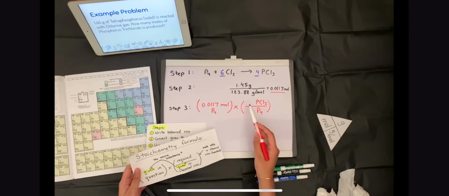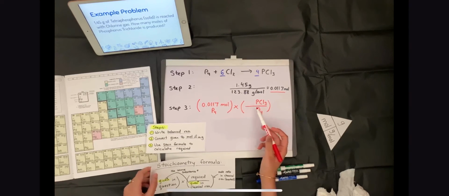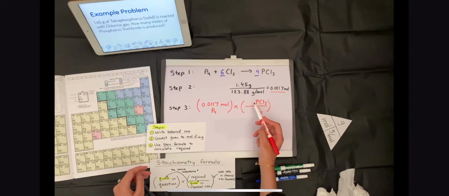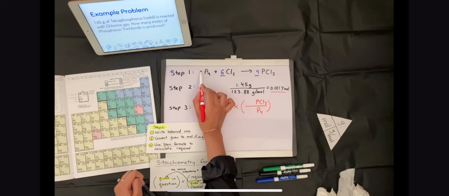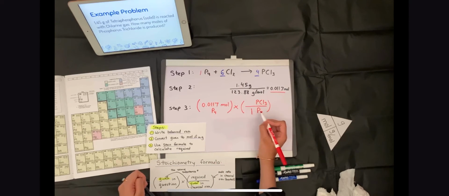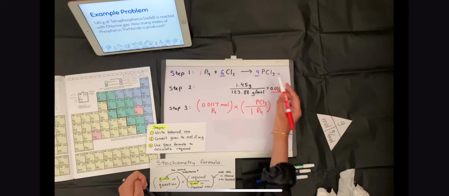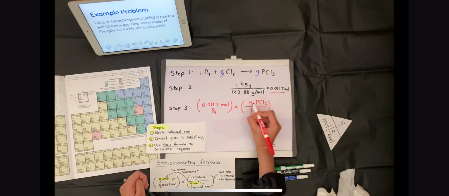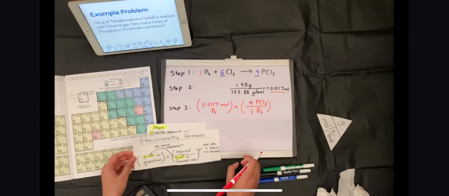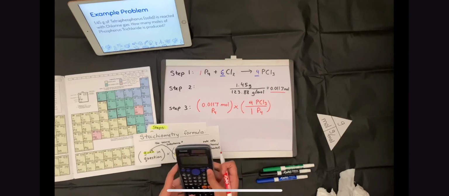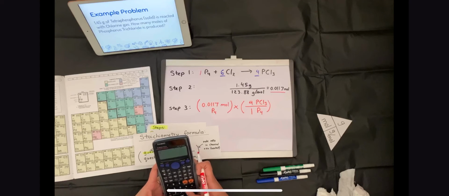And now we put the mole ratios, the numbers, on top. This one initially has a 1. We just don't write it, but it's there. So we just place that 1 here. And the PCl3, there's a 4 here. So just put that 4. And now go ahead and plug it all in your calculator to get the final result.